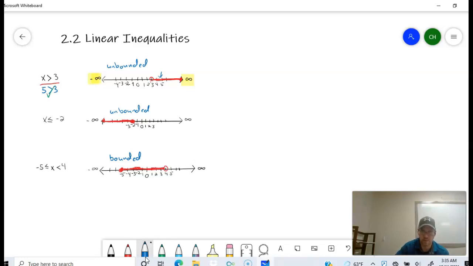On my second one, let's just pick right here, which would be negative 5. So negative 5 is less than or equal to negative 2. That is also true. And lastly, let's just pick 0. Negative 5 is less than or equal to 0, which is less than 4. That is also true. So all three of these we're done with, and we've checked to be accurate.